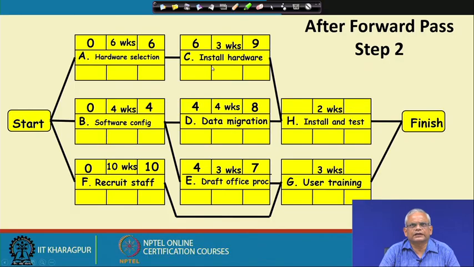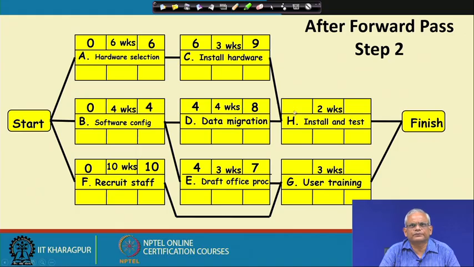Now, we have just written that the earliest start time is 6, completion time is 9, added 6 plus 3 is 9, and here earliest start time is 4, earliest completion time is 8, and here earliest start time is 4 and earliest completion time is 7.